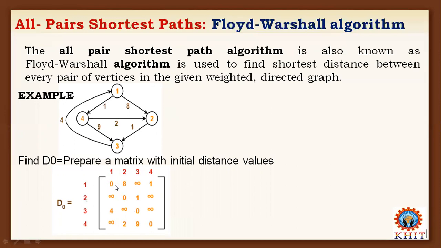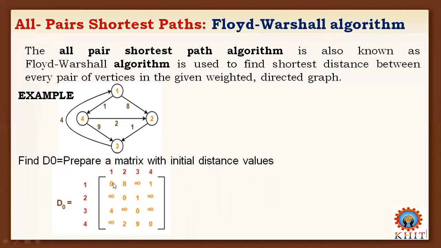The first value is filled with the distance from 1 to 1. Always remember that all the diagonal values should be zeros, that means the distance from a vertex to itself is 0.